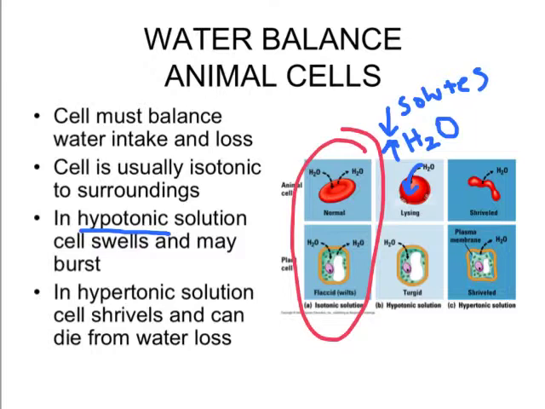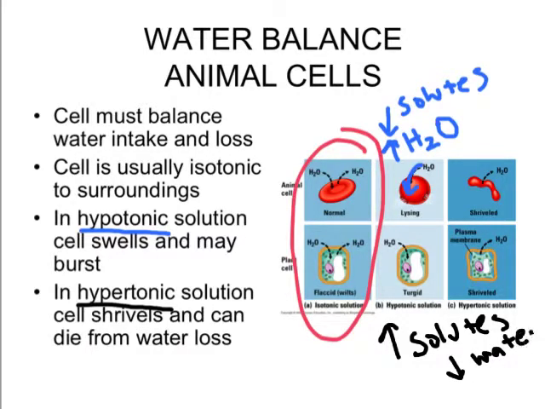Now, on the other hand, if we have a cell in a hypertonic solution, remember, hypertonic means lots of solutes. Low amount of water. So we've got a lot more solutes on the outside, low water on the outside. So what happens?